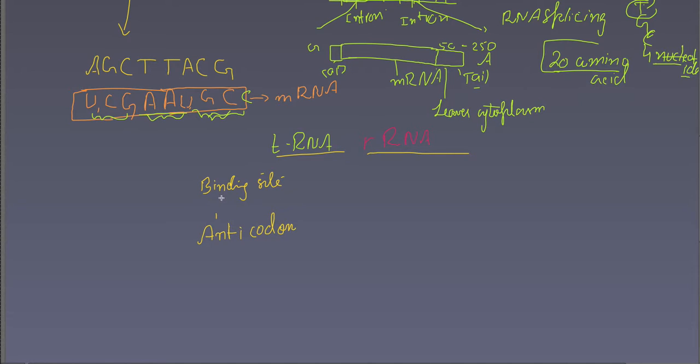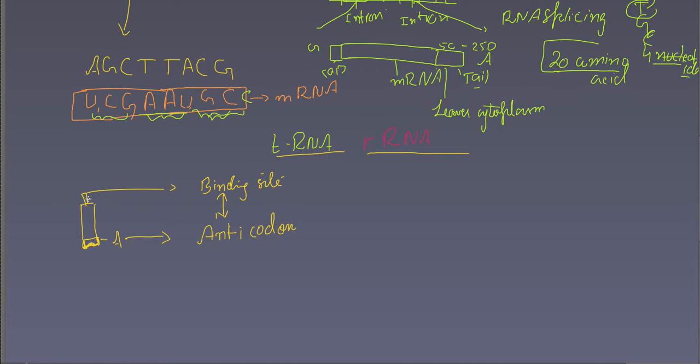So if I were to draw a simple structure of this, and this is not actually the structure, I'm just drawing a random shape. This portion right here is the anticodon, and this portion right here is the binding site.